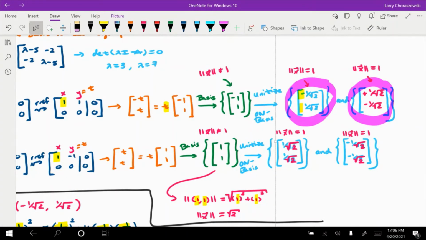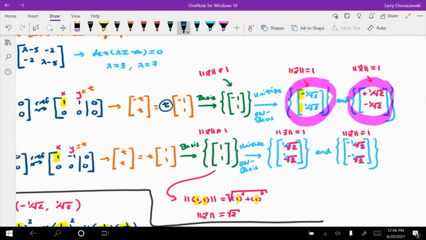Think about our parameter t. If this value of t was different from 1 or -1, the norm of our basis vectors would not equal 1.